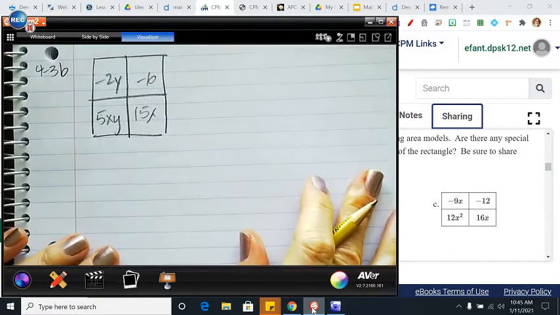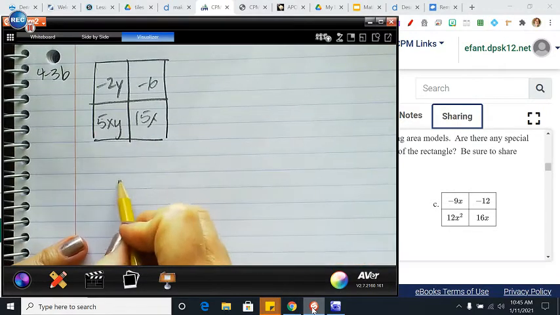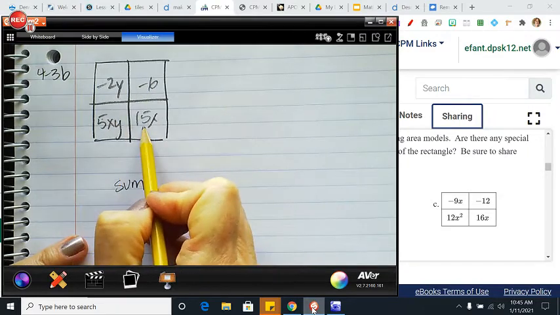And you're going to write the area as a sum and as a product. The area as a sum would just be all of these tiles together.